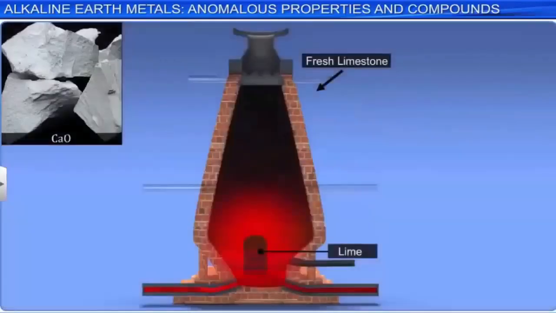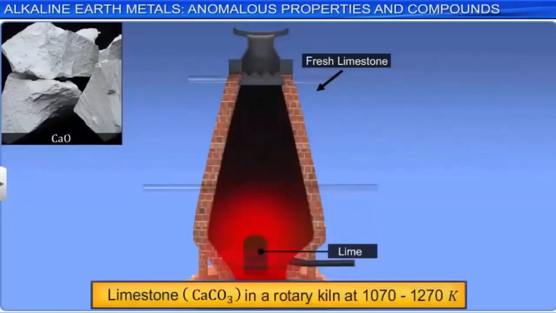At these conditions, calcium carbonate decomposes to form calcium oxide and carbon dioxide. The carbon dioxide is removed continuously to drive the equilibrium to the products.